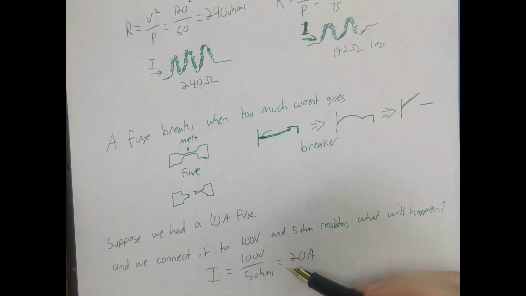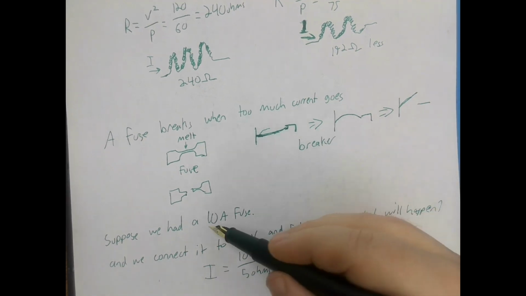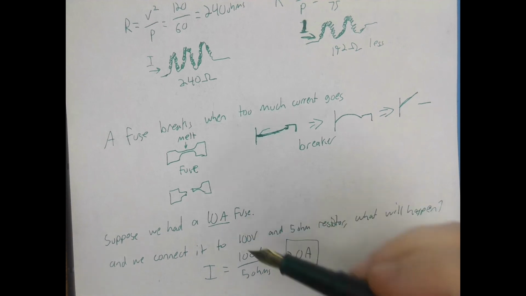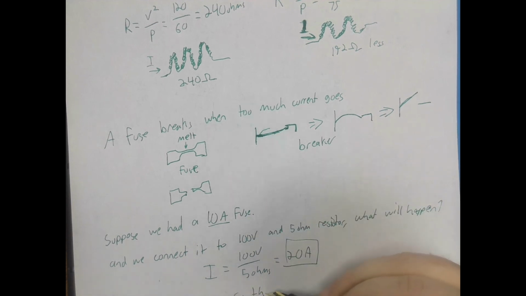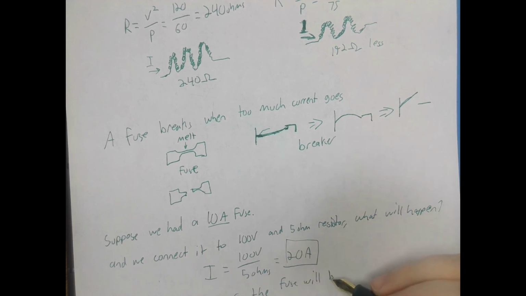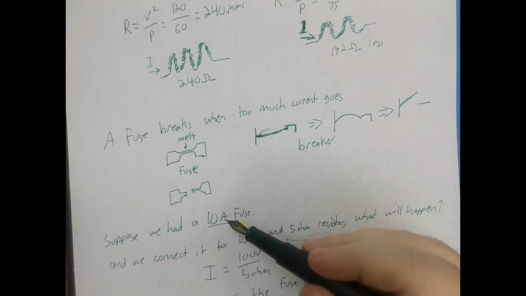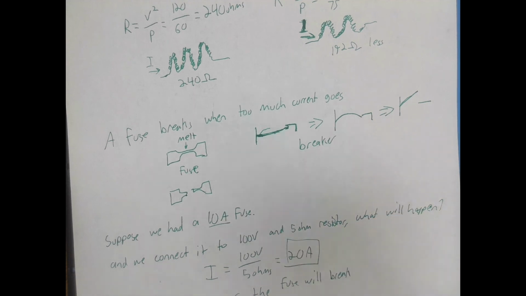So this is more current than a 10 amp fuse can supply, so the fuse will break. As long as your current is less than 10 amps, it's as if you don't have a fuse at all. A fuse acts like a straight wire.